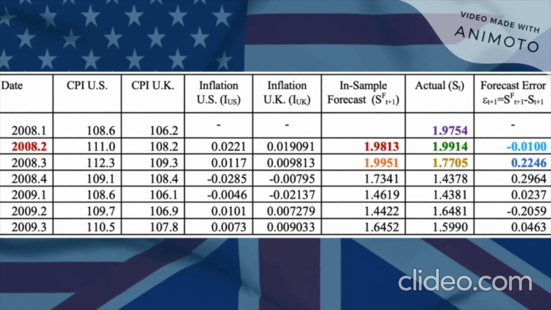That is, the market is valuing the British pound sterling higher than your fundamental model. Suppose you believe that the difference, 1.9813 minus 1.9914, is due to mispricing factors. Then you will generate a sell GBP signal. So that's all for the fundamental forecasting.